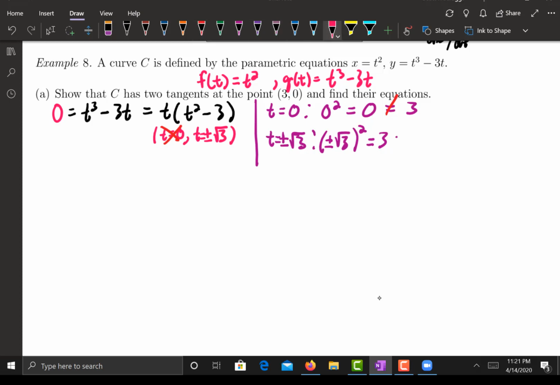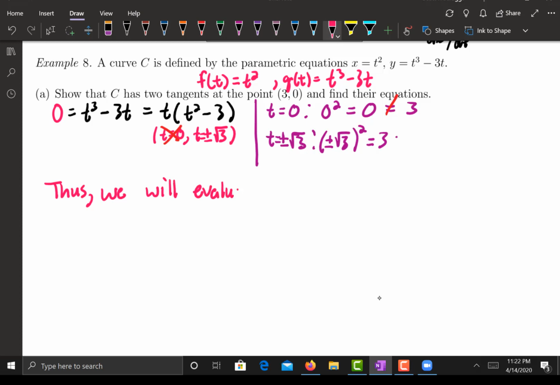Now, why do I care about the value for t? The reason why I care about finding what values for t will give me the point 3, 0 is when we take the derivative and try to find an actual slope of the tangent line, these are going to be the values that we evaluate our derivative at.